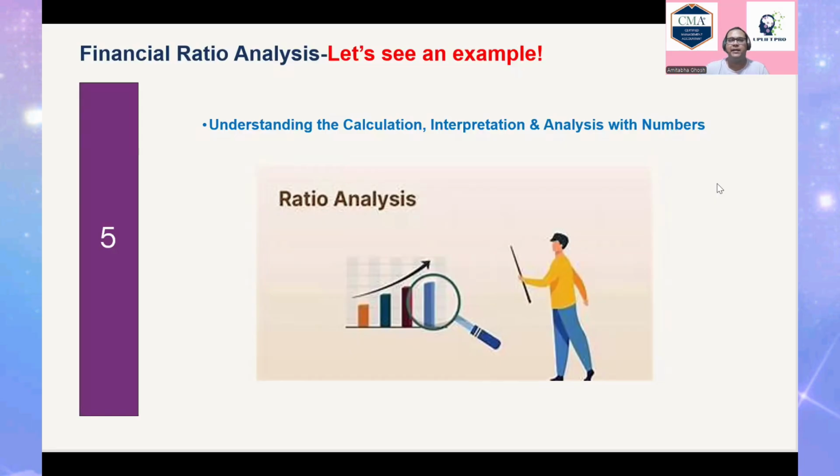Coming back to the PPT, I think we have now understood the concept of calculation, interpretation and analysis using the numbers. And the objective is to help you extend your understanding into the different ratios, and look out for more updates from the Uplift platform relating to revision pro videos, and this would definitely be helpful for your exams.